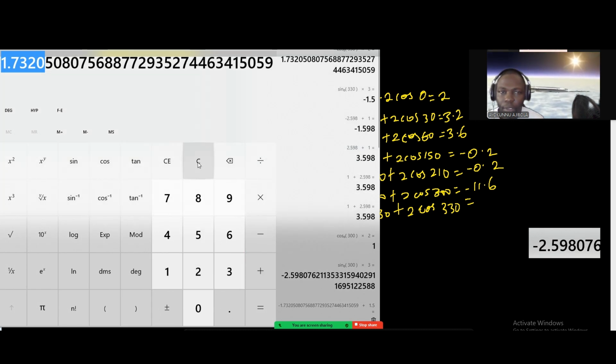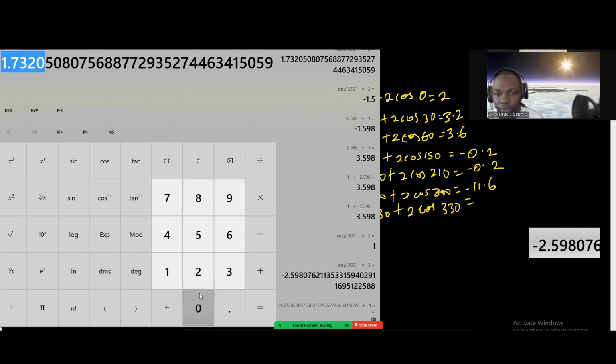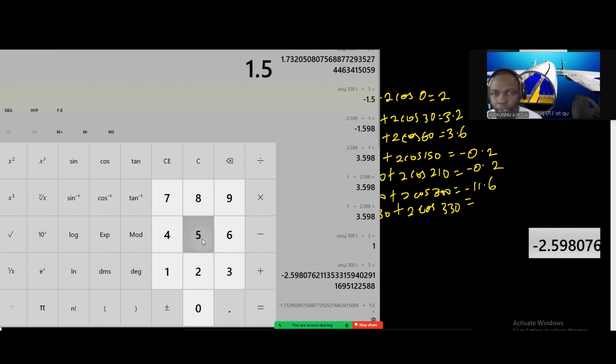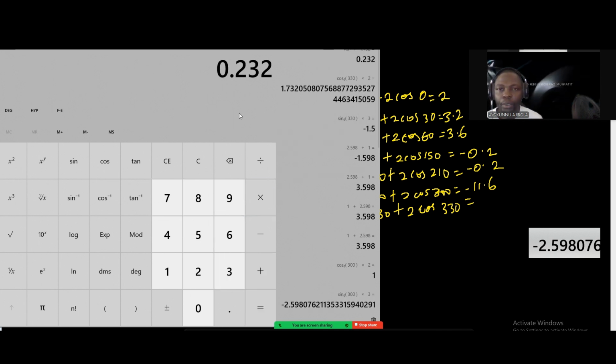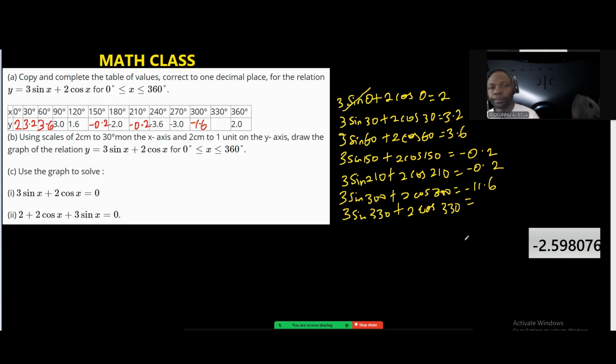Let me see what I have initially. I have minus 1.5. So minus 1.5 plus 1.732 would be 0.2 also. Yes, sir. 0.2.